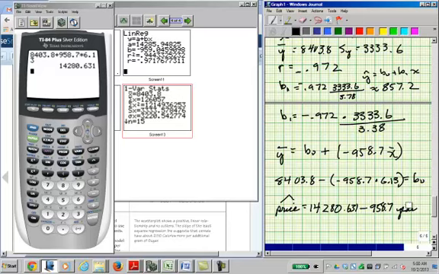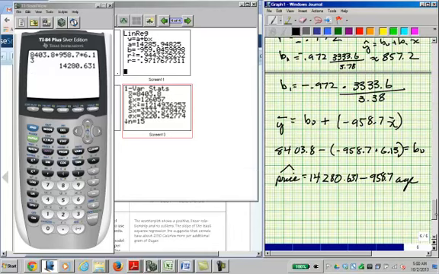So this is price in dollars, age in years. And this is how the finished equation is typically written with contextualized variables. So this is read, estimated price in dollars equals $14,280.631 minus $958.7 times the age in years.